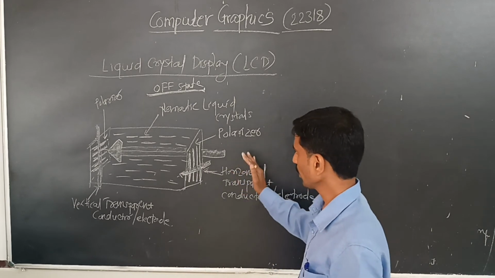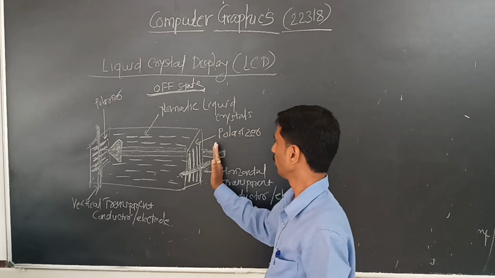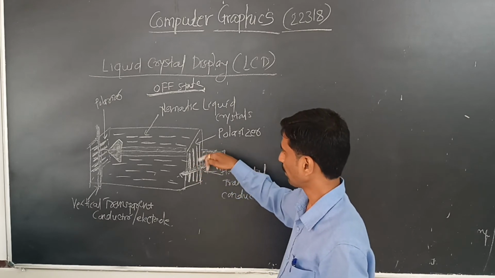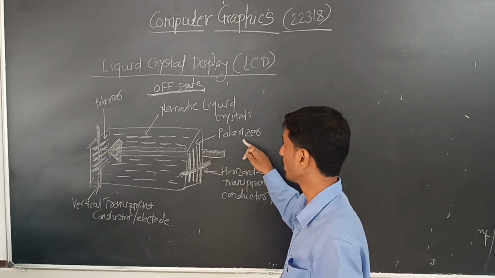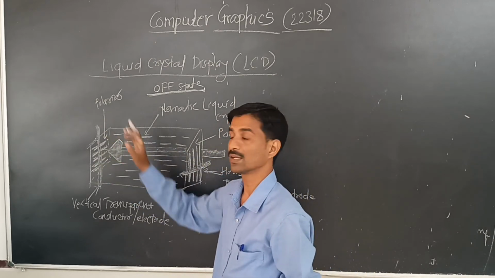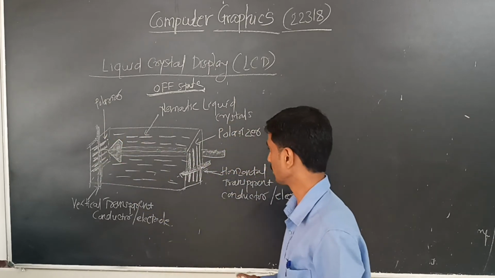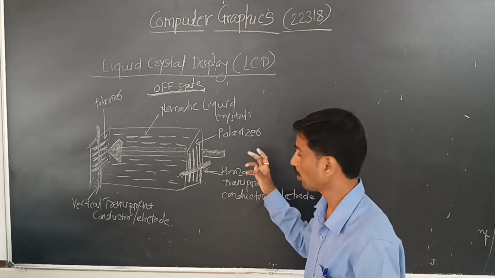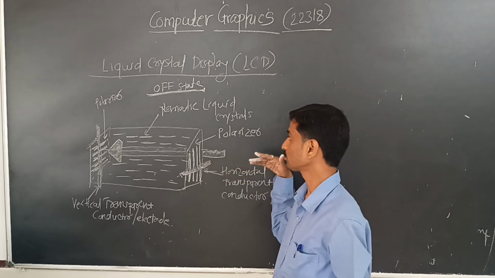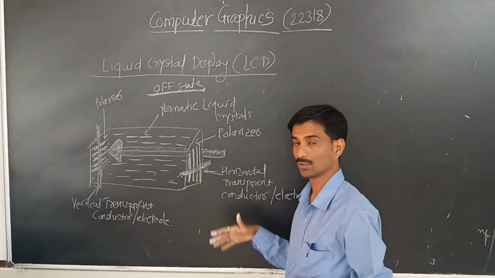Here I have shown by vertical lines a vertical polarizer, and here by horizontal lines a horizontal polarizer. The use of a polarizer is to filter the light.